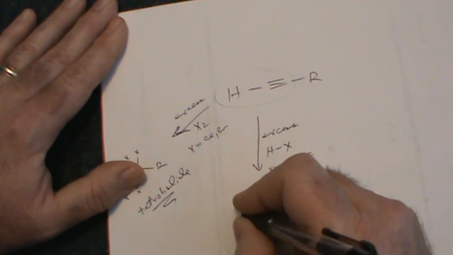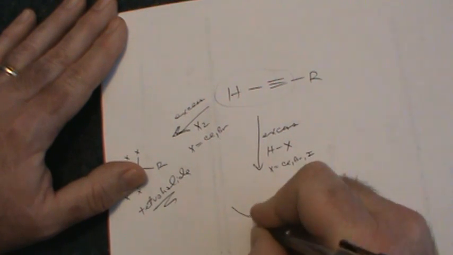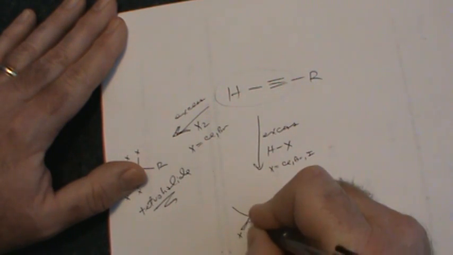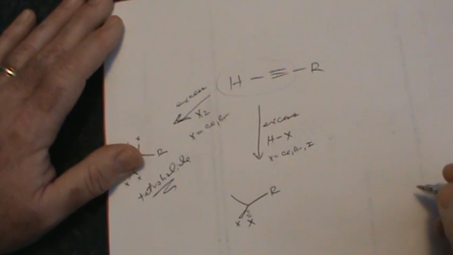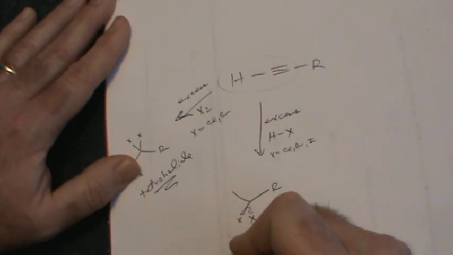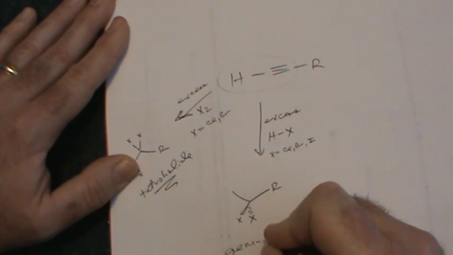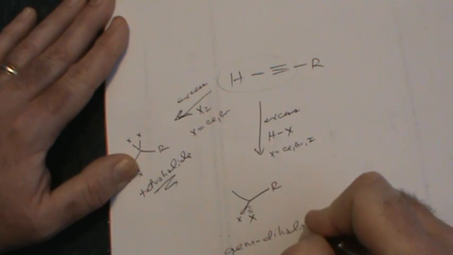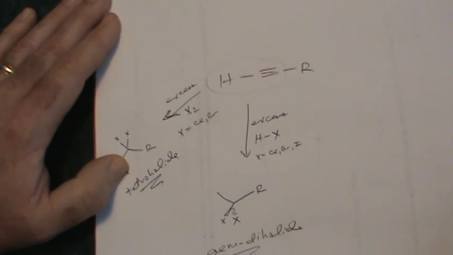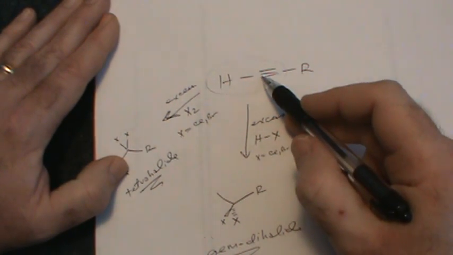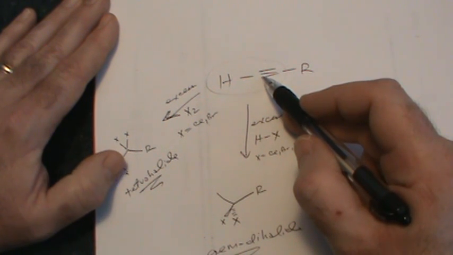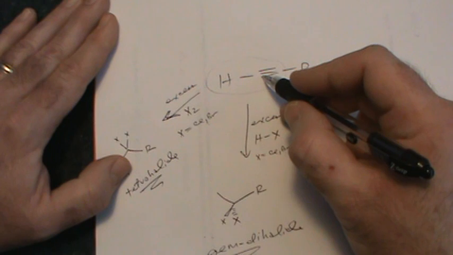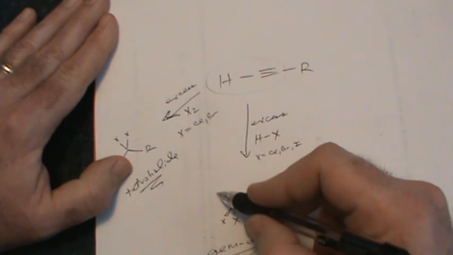And the result is that we form this geminal dihalide. Notice that by protonating twice at that less substituted carbon, not at the same time of course, but over the course of the entire reaction we protonate twice, we generate a methyl group.